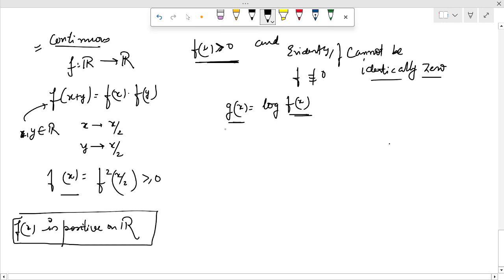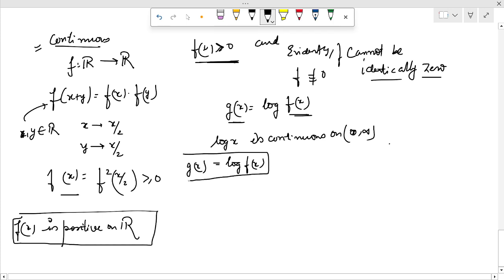Since f(x) is positive on R, g(x), which is simply log of f(x), is well defined. Also, f(x) is a continuous function, and log x is a continuous function on (0, infinity). So clearly log f(x) is also a continuous function.